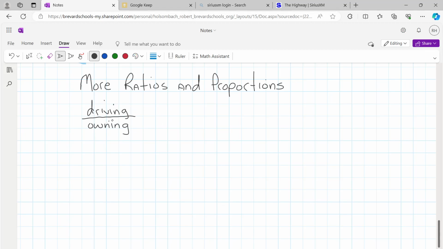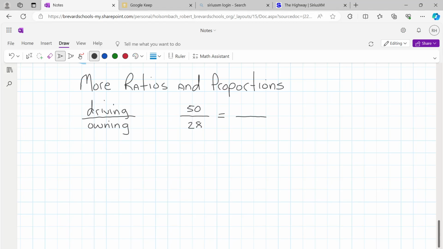So if we set this up as a reminder here, and then we write a proportion, then our proportion is going to look like this. All right, a fraction equal to a fraction. So the given information says that 50 students driving and 28 owned. So driving to owned is 50 to 28.